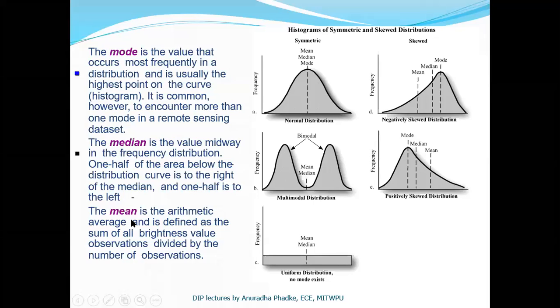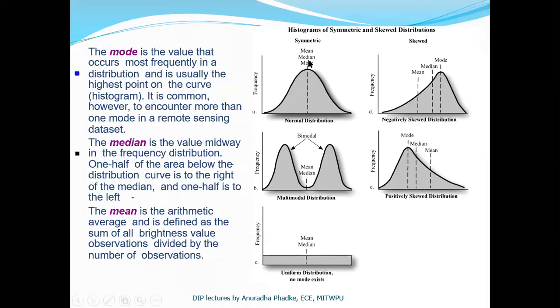Then what is mean? Mean is the arithmetic average, and it is defined as the sum of all brightness value observations divided by the number of observations. So mean is nothing but the arithmetic average of all the gray values present in the given image.